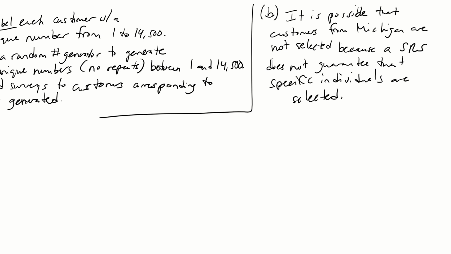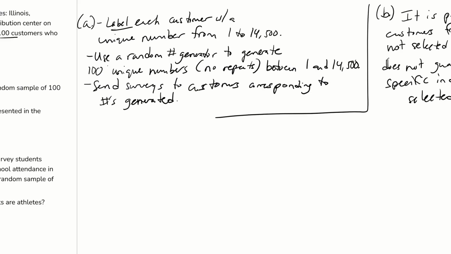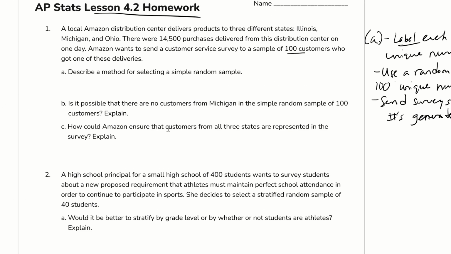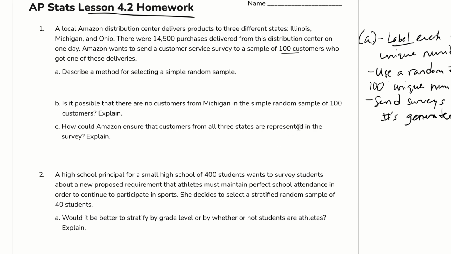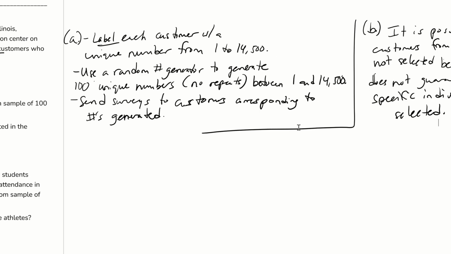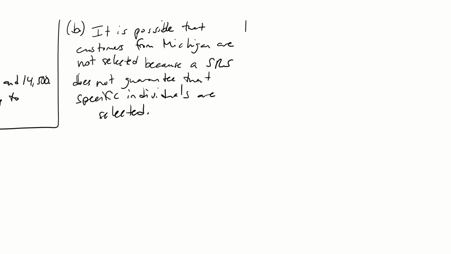It just guarantees that everybody has an equal chance of being selected, but there's no specific guarantee about specific groups. So the best way to do this, it says, how could we ensure that the customers from all three states are represented? That's where we have to draw from each state. Okay, so we're going to do a stratified sample here.